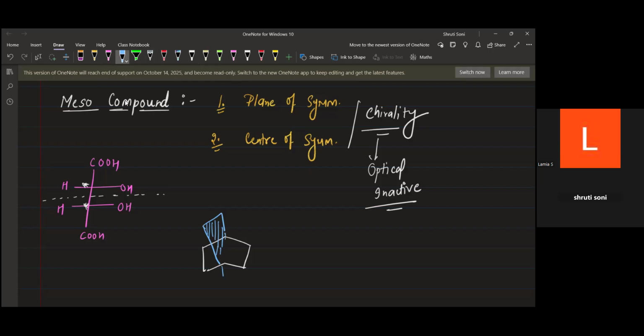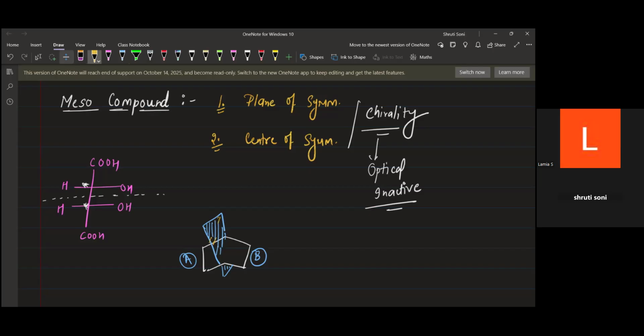Are the A part and B part the same, mirror images of each other if I apply a plane between them? Yes. So this is known as a plane of symmetry.